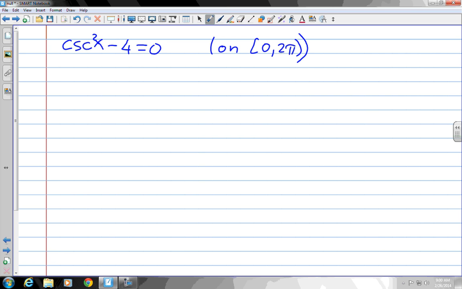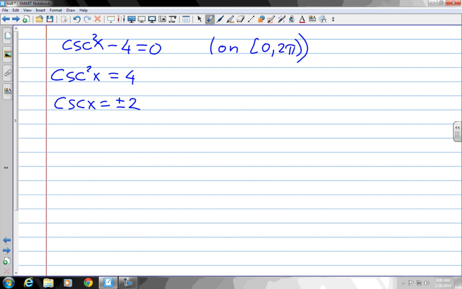Add 4. Square root. If you do the square root, what do you need? Yeah, plus or minus 2. Okay. Now, it's always hard for us to think in terms of cosecants and secants and cotangents. It's easier for us to think in terms of sines and cosines and tangents.